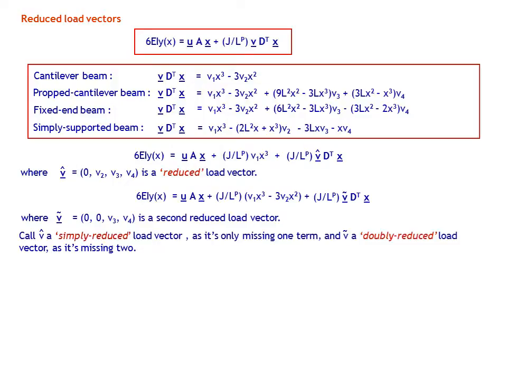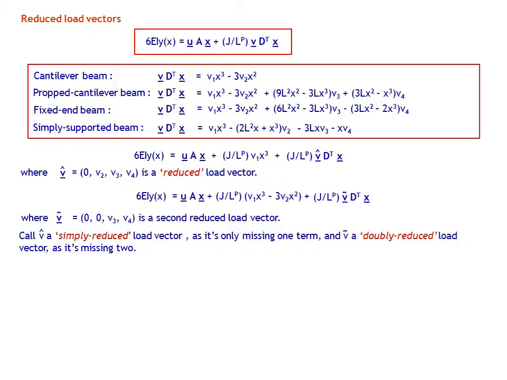To distinguish between these two reduced load vectors, we can call v hat a simply reduced load vector, as it's missing just one term from load vector v, and v tilde a doubly reduced load vector, as it's missing two.